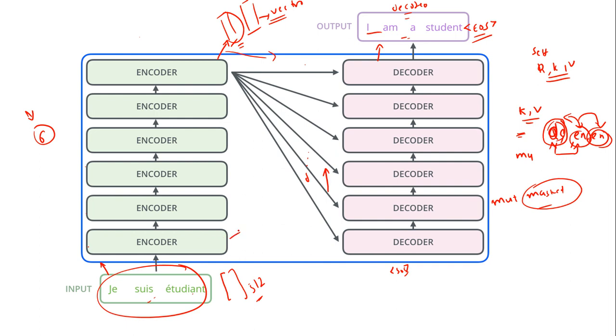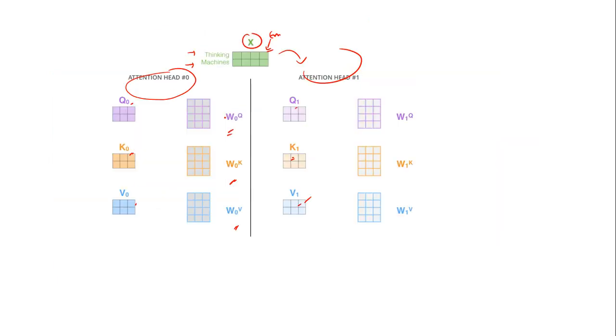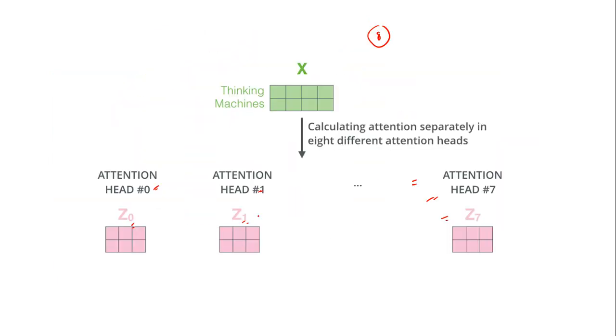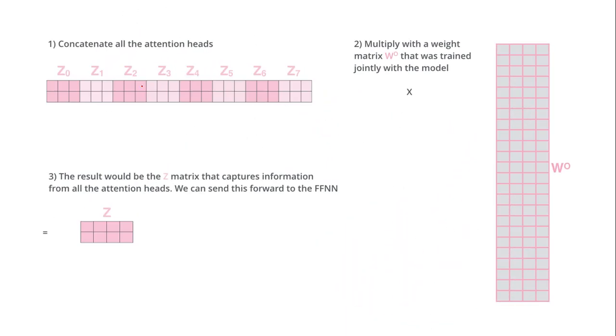These are repetitive blocks with the same architecture, so if this takes the size 512, this also must take the size 512, and this also should take the size 512. But whenever we are doing multi-head attention, we'll be getting different matrices. So what we do is we finally concatenate all these Z0, Z1, Z2 till Z7.